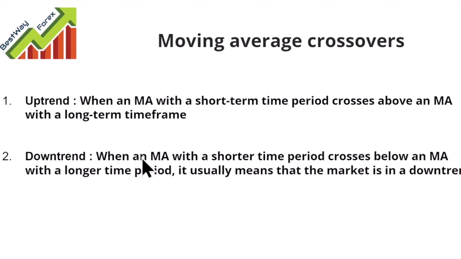When an MA with a shorter time period crosses below an MA with a longer time period, it usually means the market is in a downtrend. Which basically means that the 20 MA is above the 50 EMA, then it falls and crosses under the 50 EMA, and that means bearish.